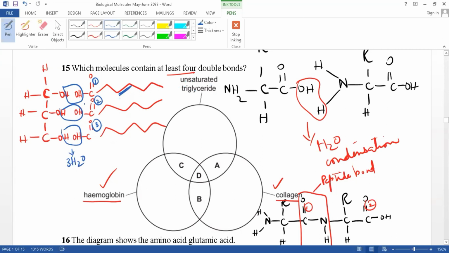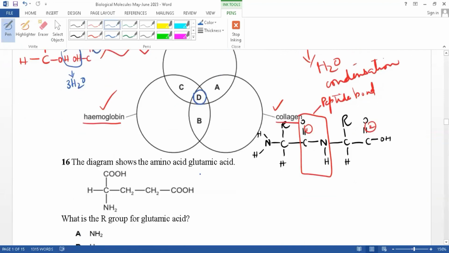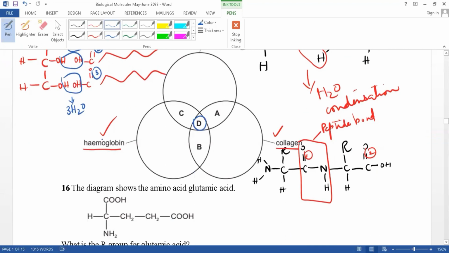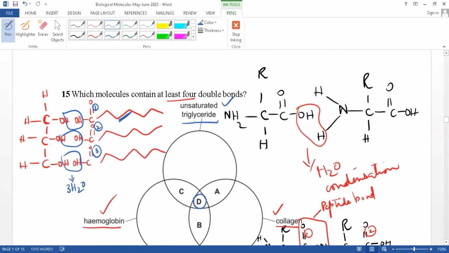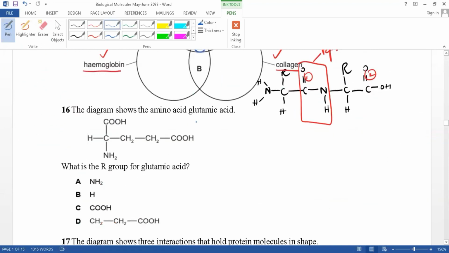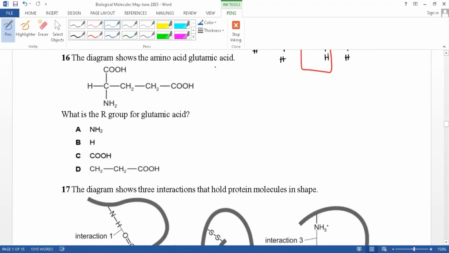So it can have 4 double bonds, at least 4: it has 1, 2, 3 already in its carboxylic heads, and the fourth would be in the unsaturated fatty acid tail. So all of these 3 have 4 double bonds. They would have more than 4, and at least 4 must be present in an unsaturated triglyceride.